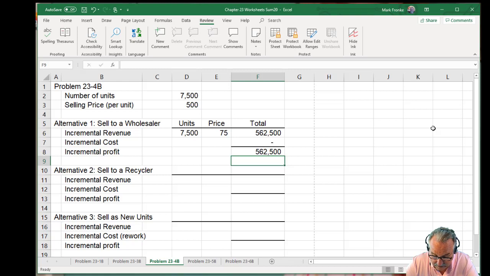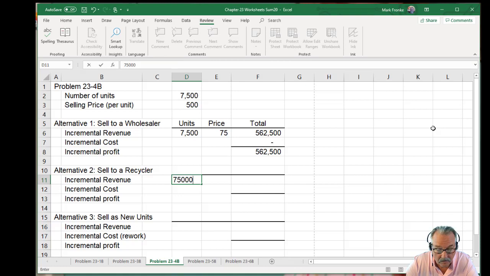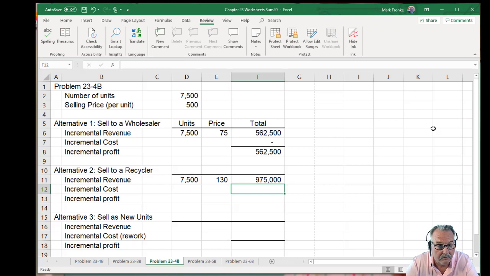If we sell to a recycler, they're willing to pay $130 per unit, but in order to extract whatever it is, maybe there's silver or something in the product that we can extract, it's going to cost us $400,000.